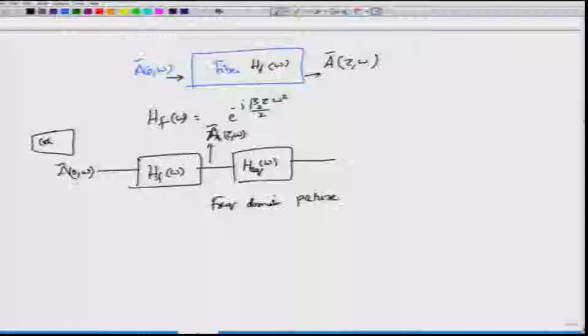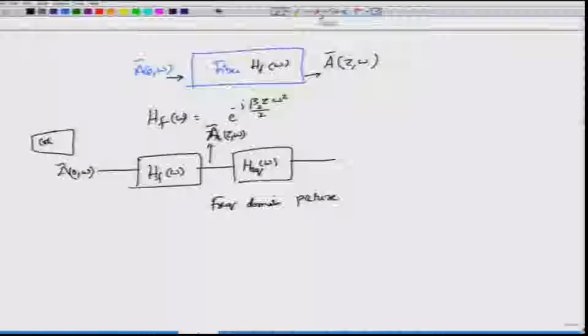I am giving you the continuous time idea so that we can later go to the discrete time ideas. So, if you start with a continuous time signal with an envelope function A(0, t), then go to the Fourier domain, get to A(0, omega), propagate through the fiber by multiplying it with the transfer function, you are now at A(z, omega).